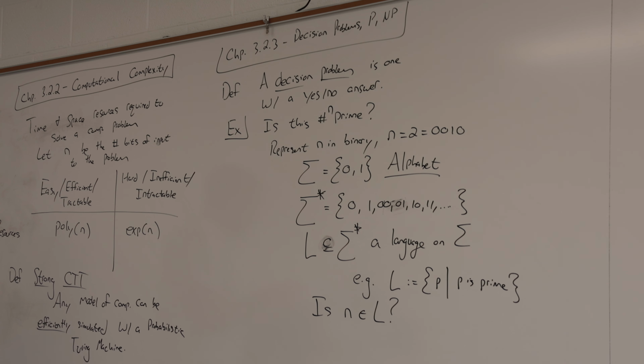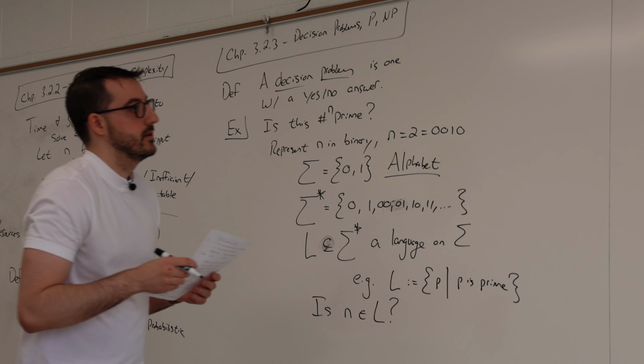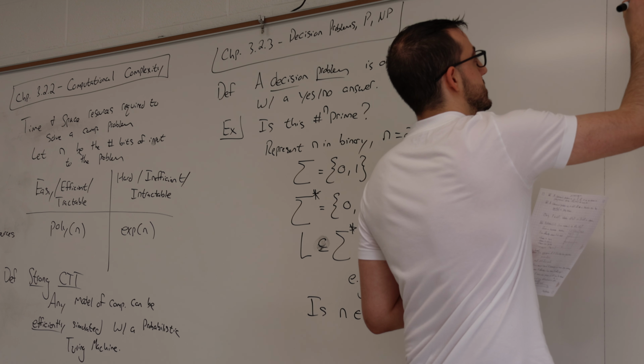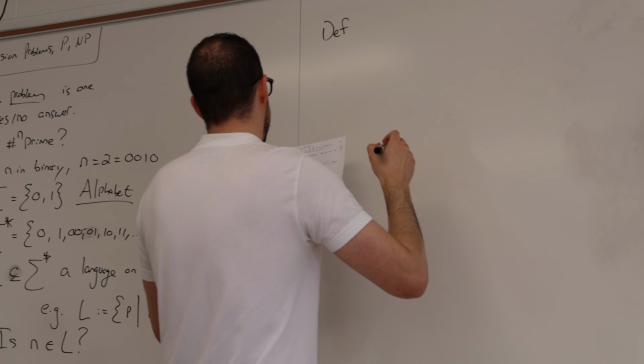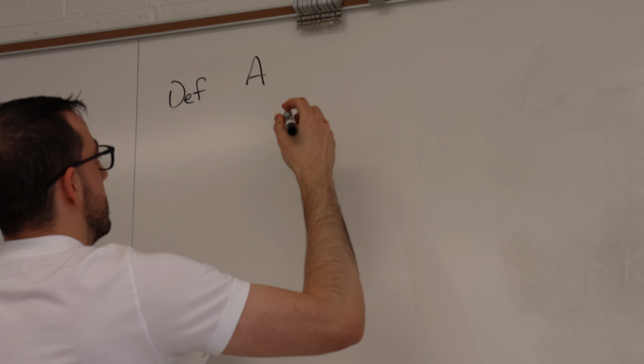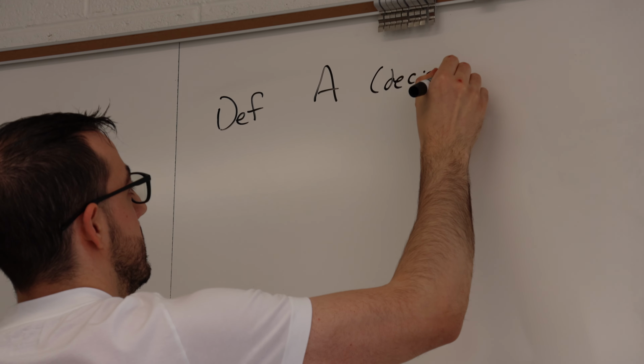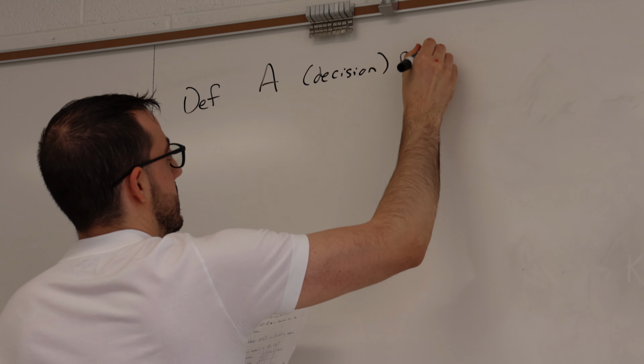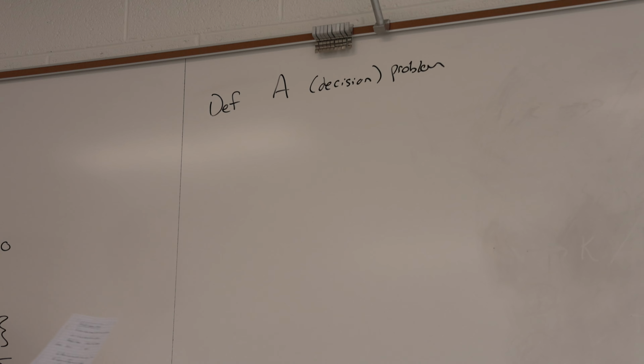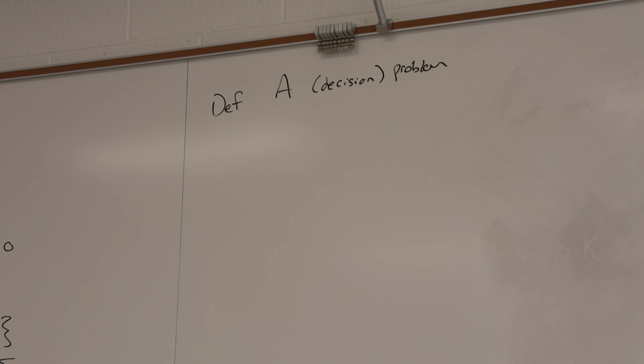And the first one is P. So definition of our first complexity class. I'm just going to write a problem. I'll include it in parentheses, decision problem. So throughout today and throughout the normal discussion of computational complexity, it's understood that we're talking about decision problems when we say problems.